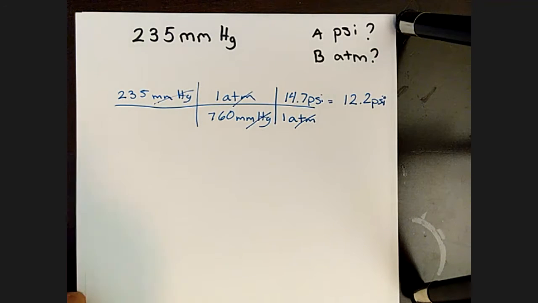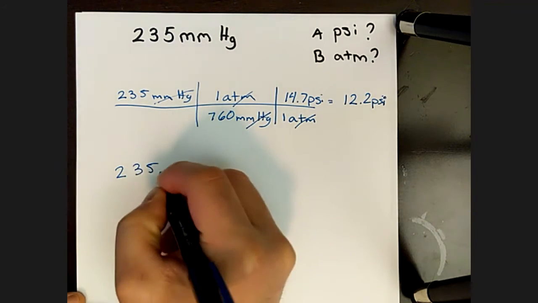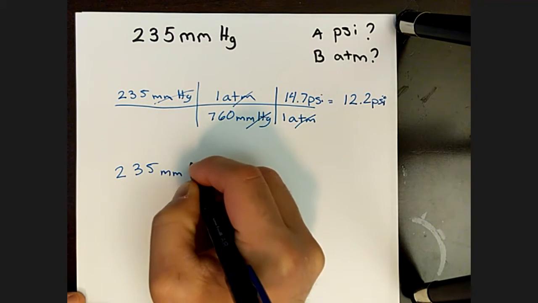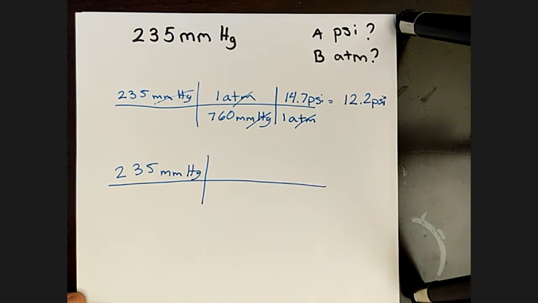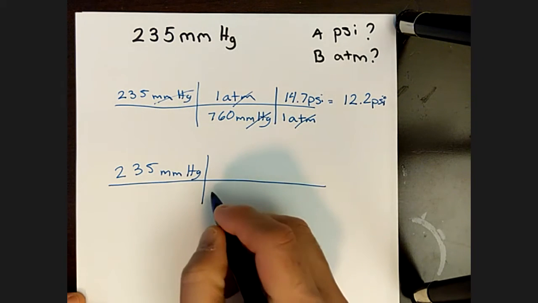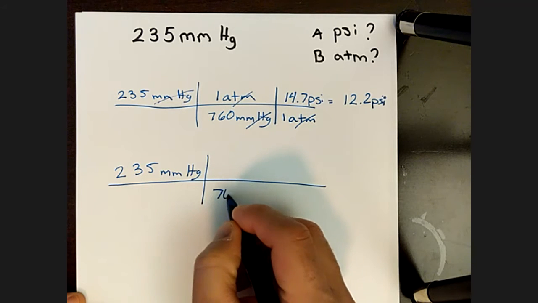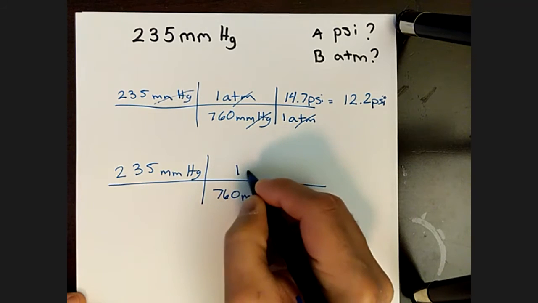Similarly, if we want to go to ATM, starting from the unit we're given, here we have a direct conversion from millimeters of mercury to ATM. So similar to what we did up here, we want to set our unit opposite. We know there's 760 millimeters of mercury in one ATM.